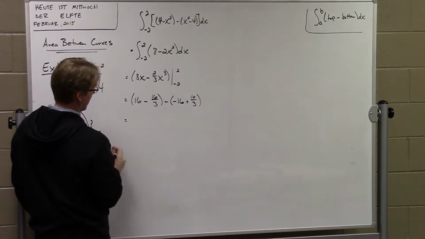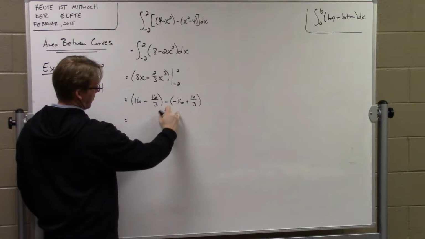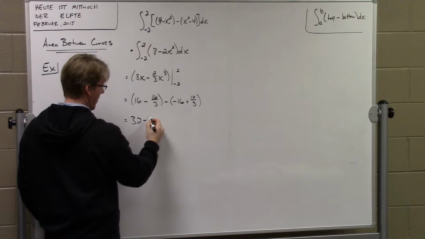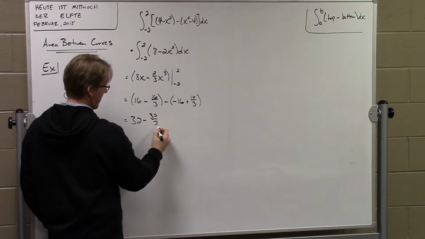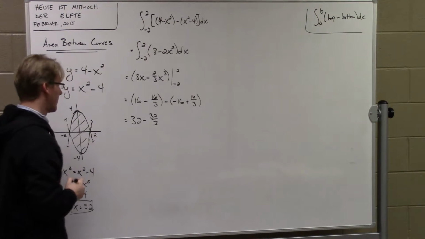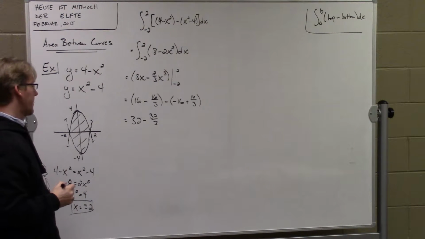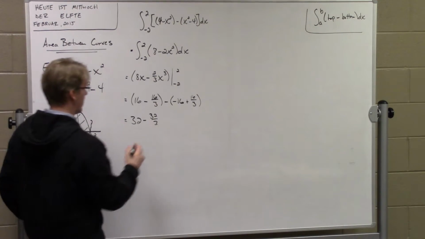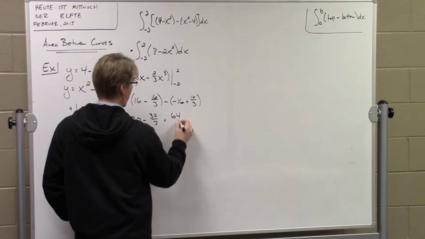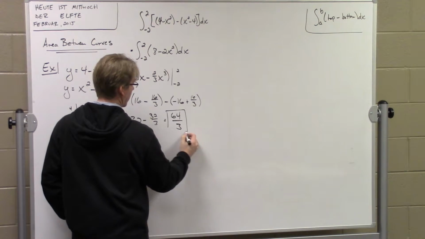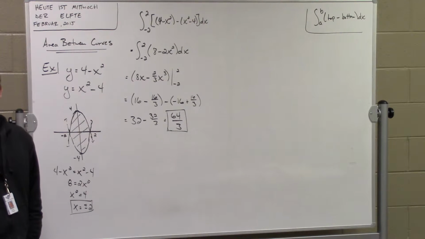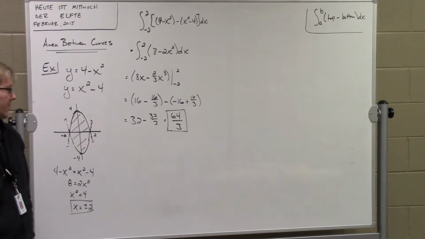The 16 becomes positive twice, the 16/3 becomes negative twice, so we get 32 minus 32/3. With a common denominator of 3, that is 96/3 minus 32/3, so 64/3. So our final answer is 64/3. Good. I know we zipped through the arithmetic there, but that's something y'all should be decently good at. Beep boop, robotic mode.